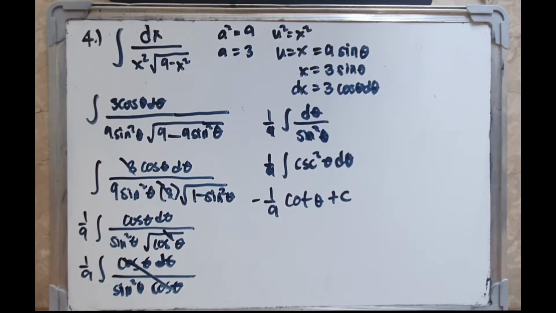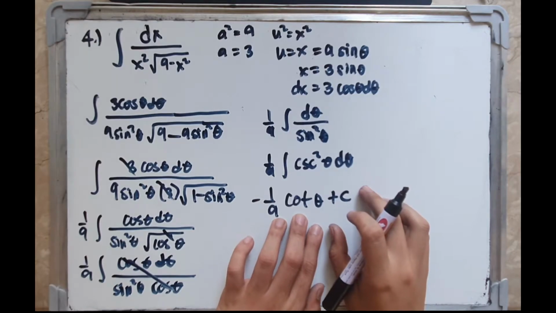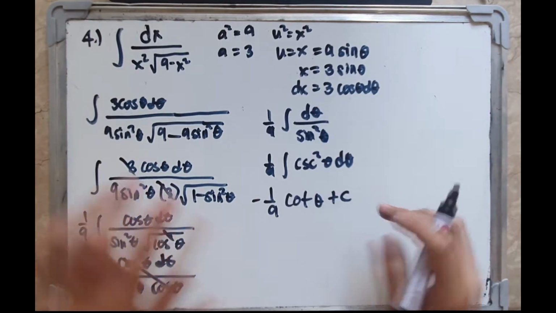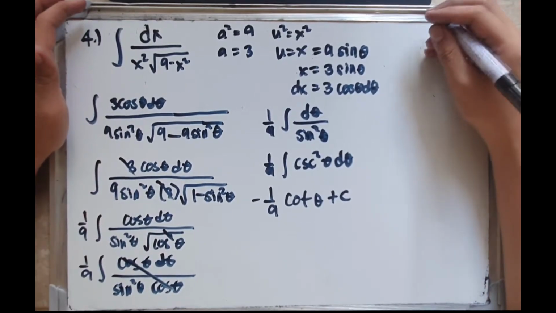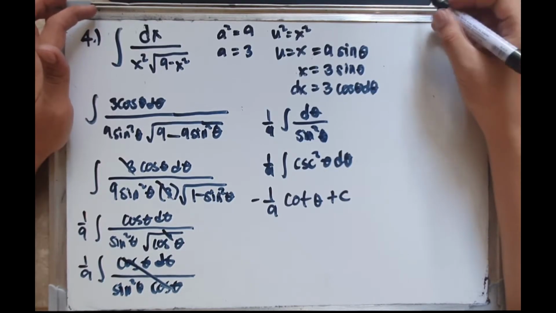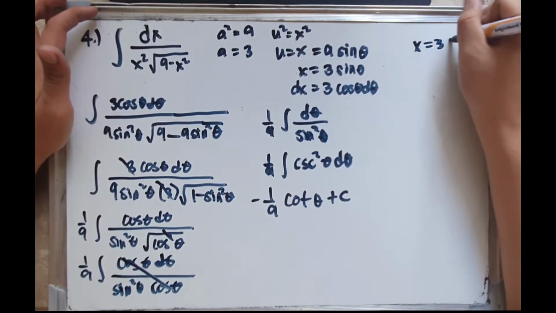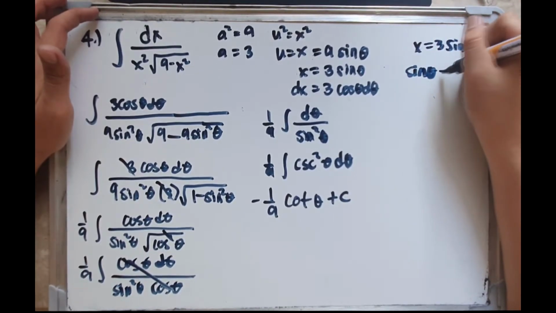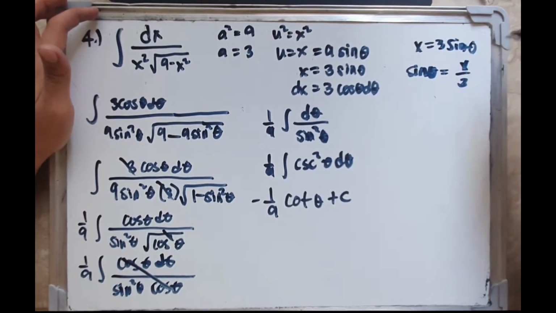Okay, so this is our answer from the trigonometric form. So we need to again construct our right triangle based on our substitution. So we have x as 3 sine theta, therefore sine theta is equivalent to x over 3.